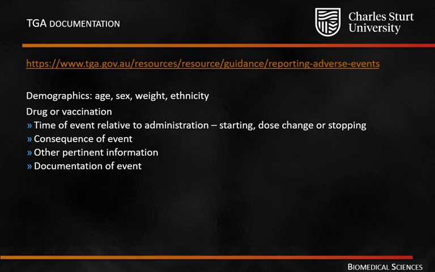They'll ask about the time of the adverse drug reaction relative to the administration, what the consequence of the adverse drug reaction was, and any other pertinent information that you think is important that might be related. So that could be susceptibility data, dosing, frequency, those kind of things, and further documentation or description of the event itself.